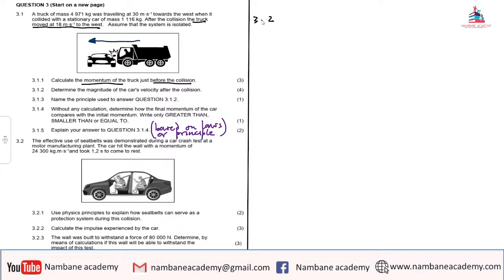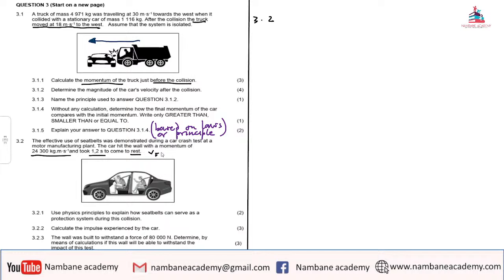At 3.2, the effective use of seat belts was demonstrated during a car crash test at the motor manufacturing plant, and the car hit the wall with a momentum of 24,300 kg·m/s and took 1.2 seconds to come to rest.